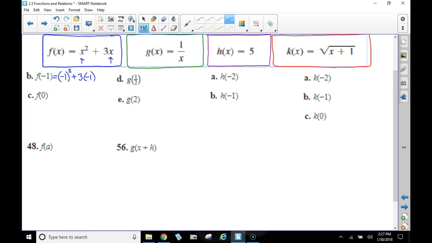And we need to figure out what that is. -1 squared is +1, but +3 times -1 is -3. So f evaluated at -1 gives us -2. And I would like to go ahead and write that.